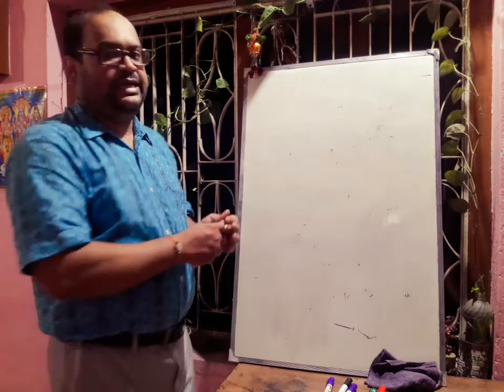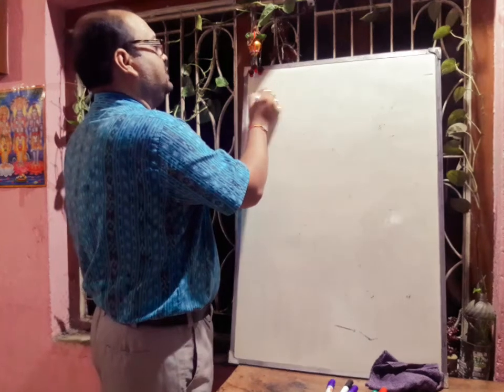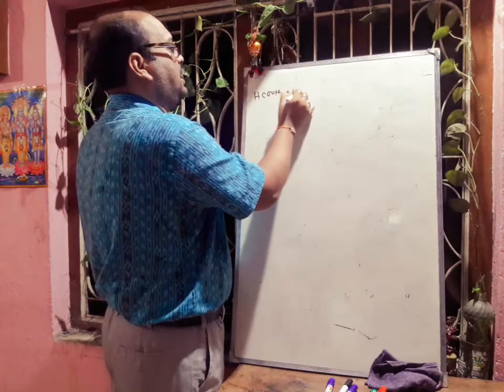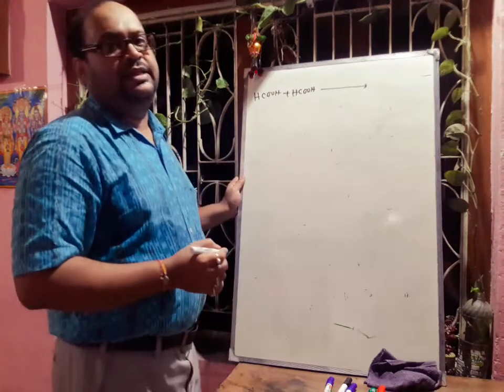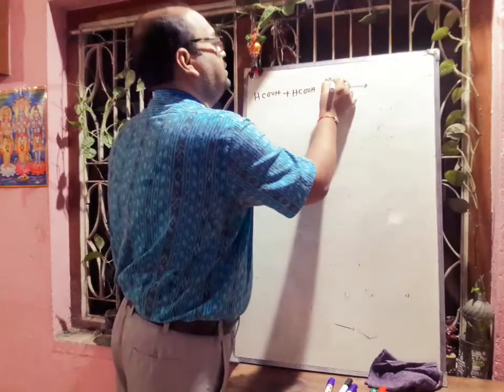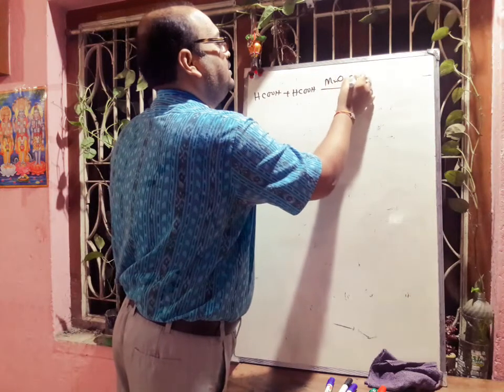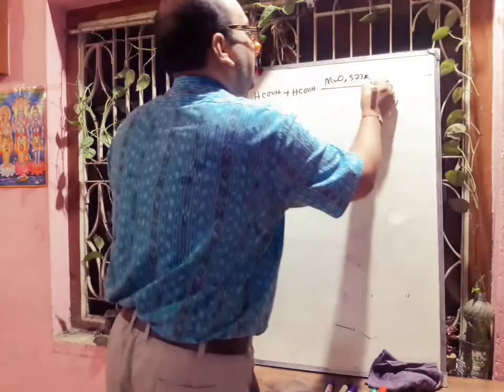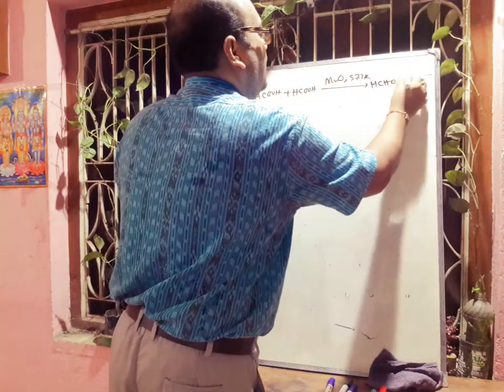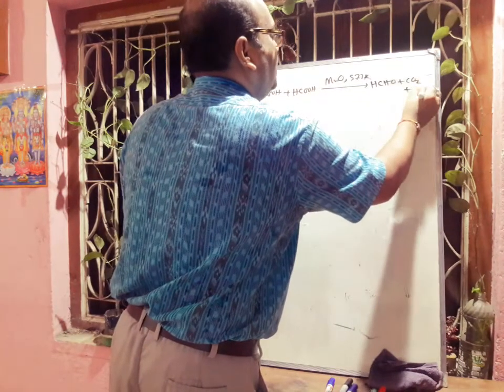Suppose if we take the formic acid HCOOH plus HCOOH, and if we take the MnO and 573 Kelvin, then there will be formation of formaldehyde plus carbon dioxide plus water.